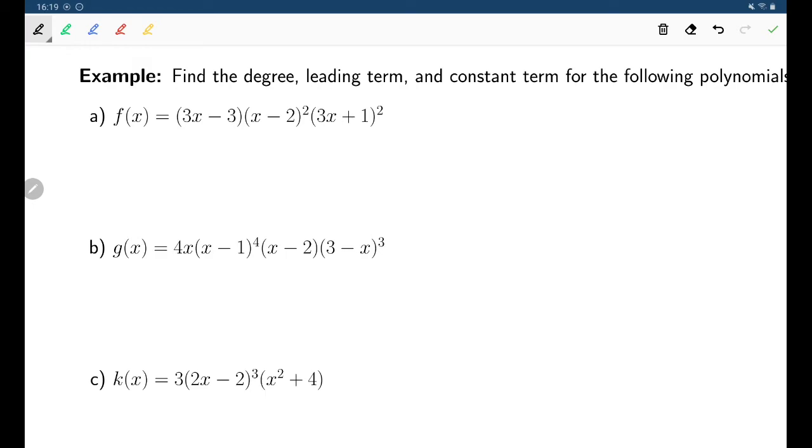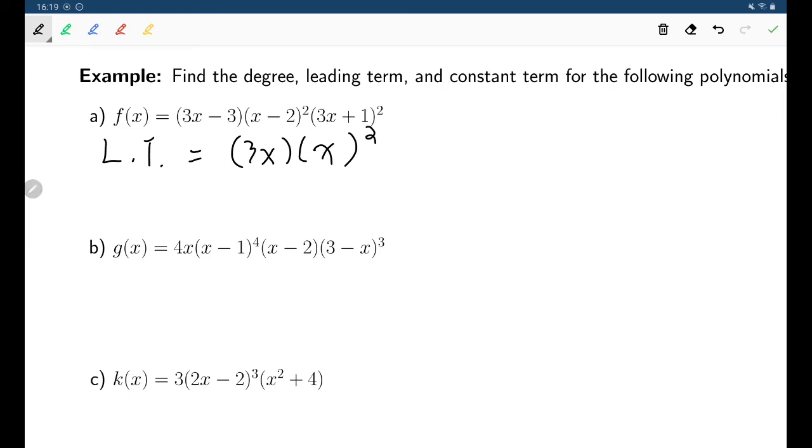So for f of x, our leading term I would find by multiplying all the leading terms for all of my factors. The first factor, the leading term is 3x. For the second factor, the leading term is x, but that factor is repeated. It's actually x minus 2 times x minus 2.